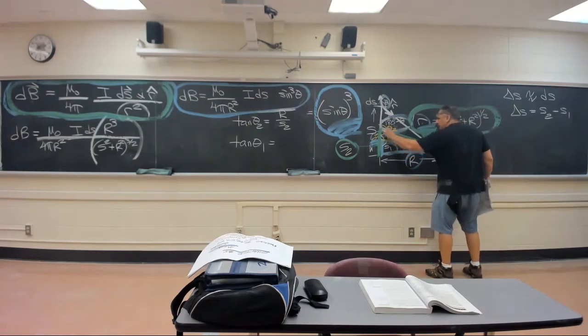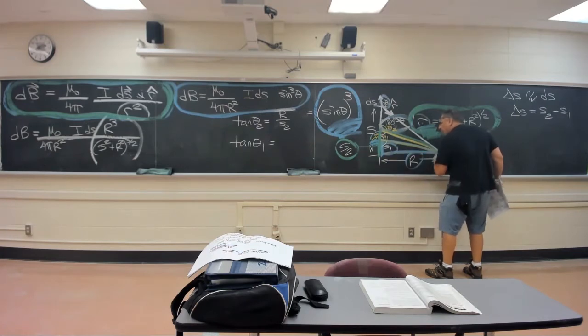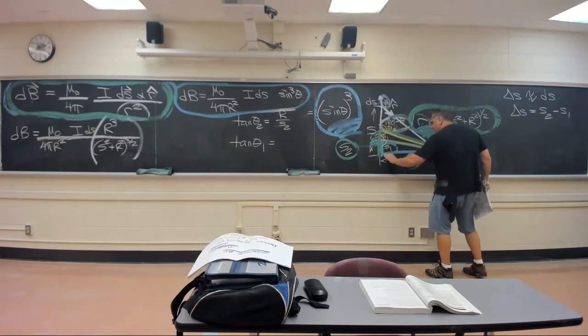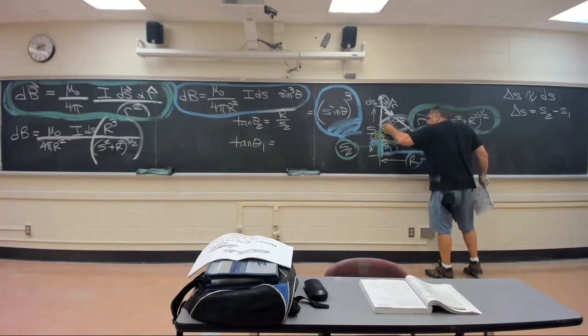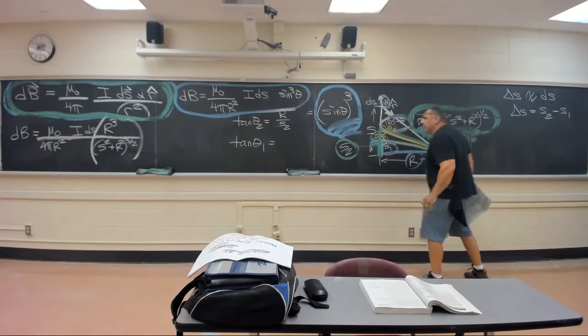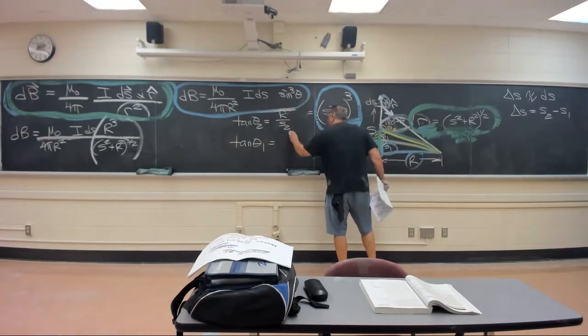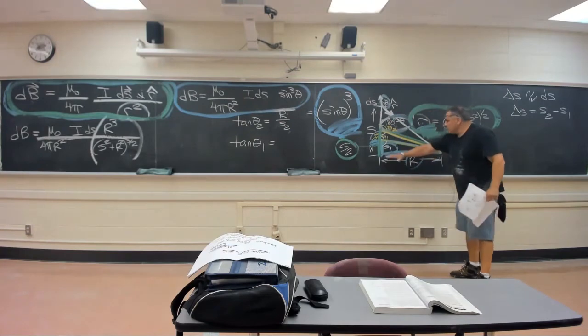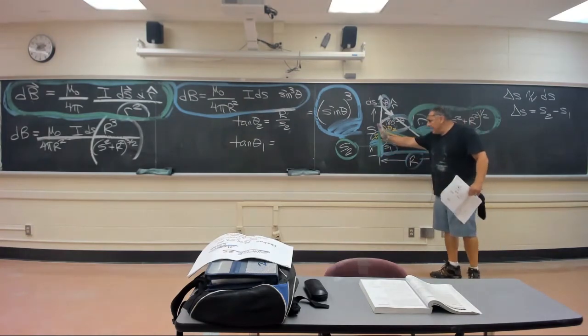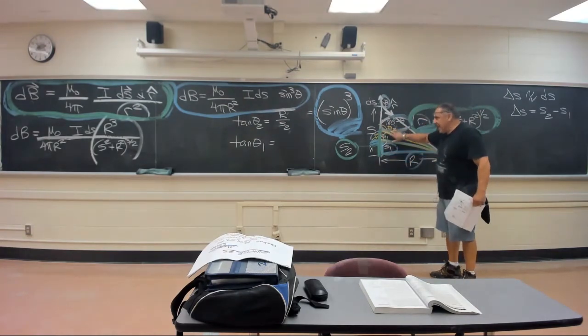We got here, for this guy, we know that capital R divided by S1 is tan theta 1. Capital R divided by S2 is tan theta 2. Right? So capital R divided by S2 is tan theta 2.